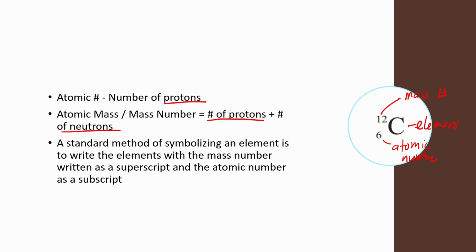The number of protons for each element stays the same no matter what isotope it is. Although the mass number is based on the sum of the neutrons and protons, it's not always the case that the same element will have the same mass number. It will always have the same atomic number, but it may not have the same atomic mass or mass number all the time.